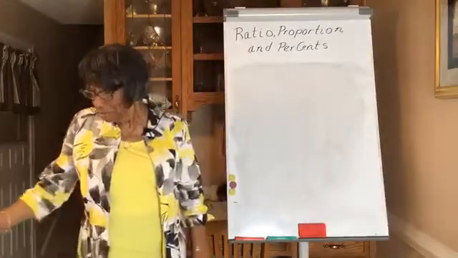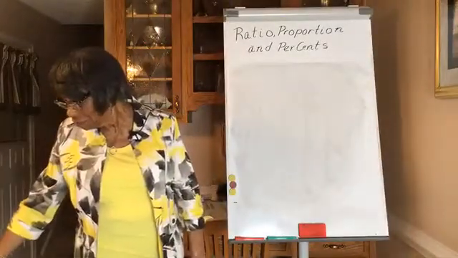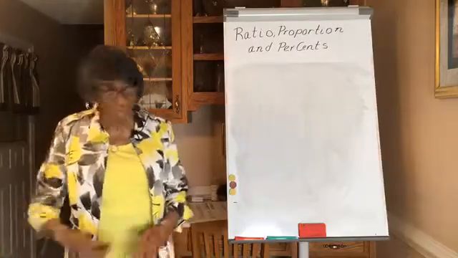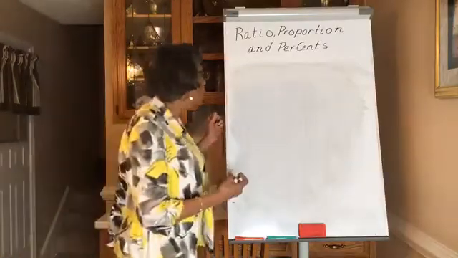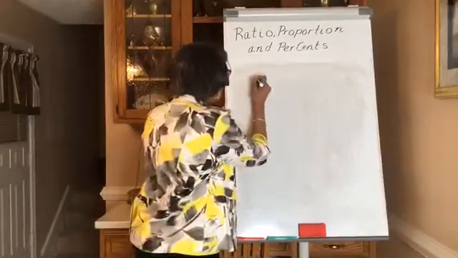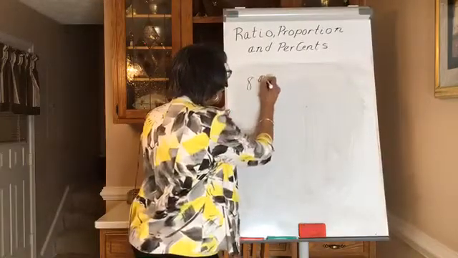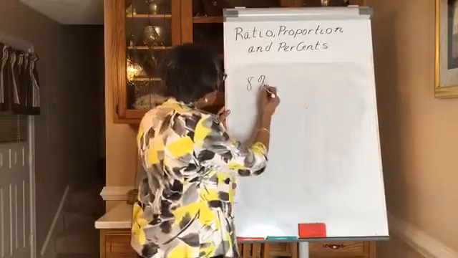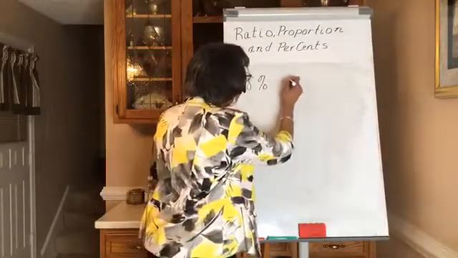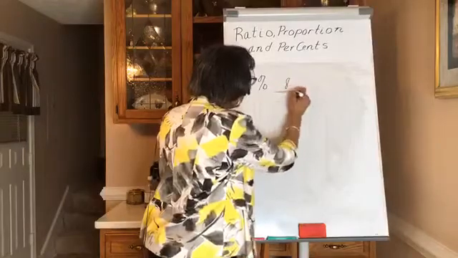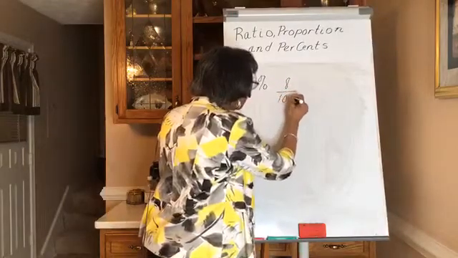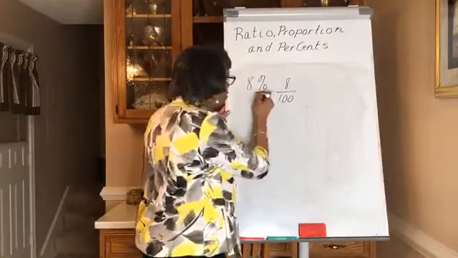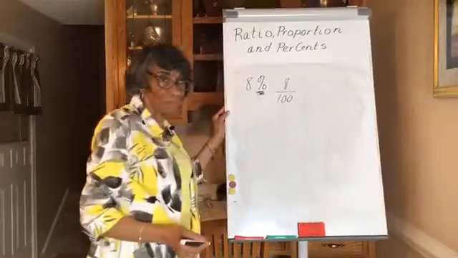All right, but let's just see if we can relate to some percents for a few minutes before we do any problems. If I say 8%, percent means out of 100. So the numerator is 8, and the denominator for percent is always 100 because percent means hundredths.